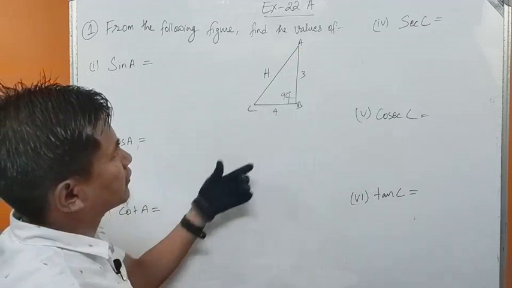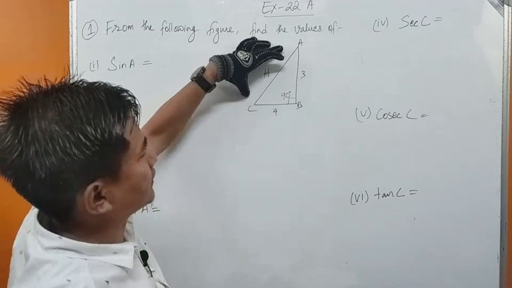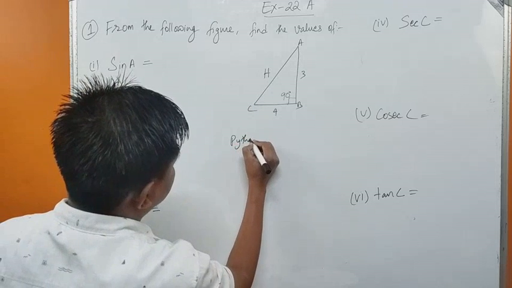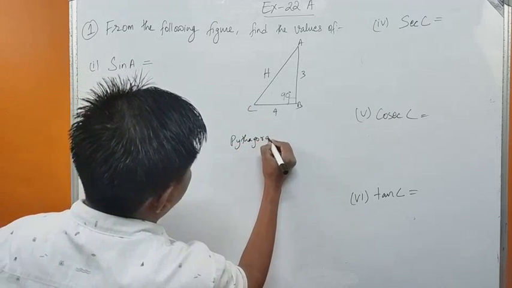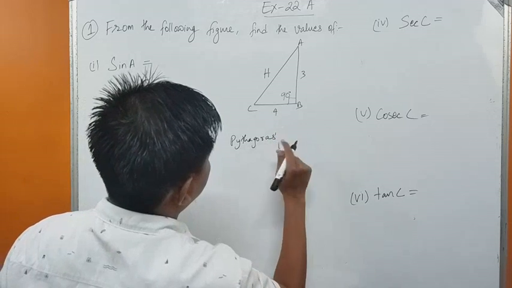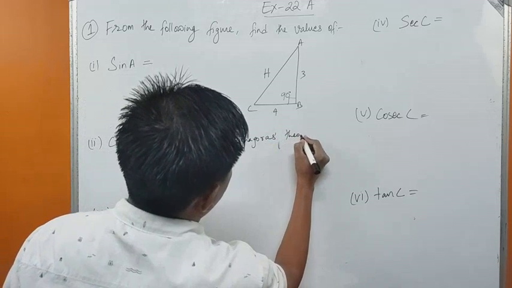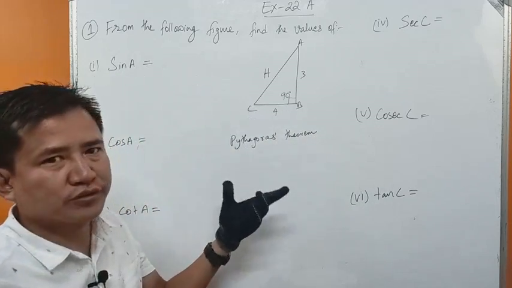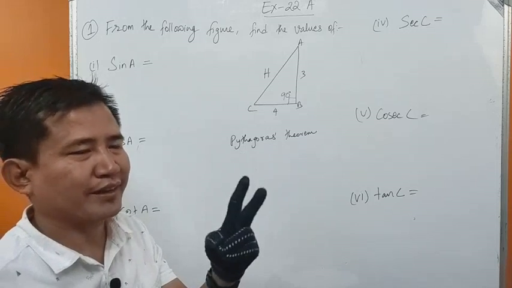So applying Pythagoras theorem, first let us find AC. Pythagoras theorem helps us to find the value of the unknown side of a right angle triangle if two sides are known to us.